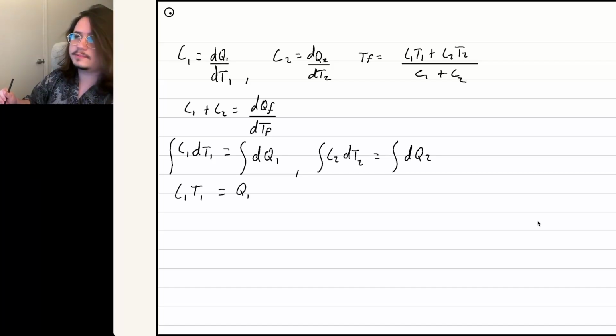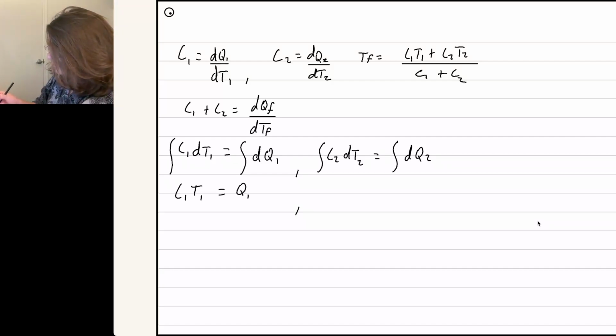By the way, we're assuming that the initial heat is 0, that way you don't have an integration constant. So C2 T2 is equal to Q2.